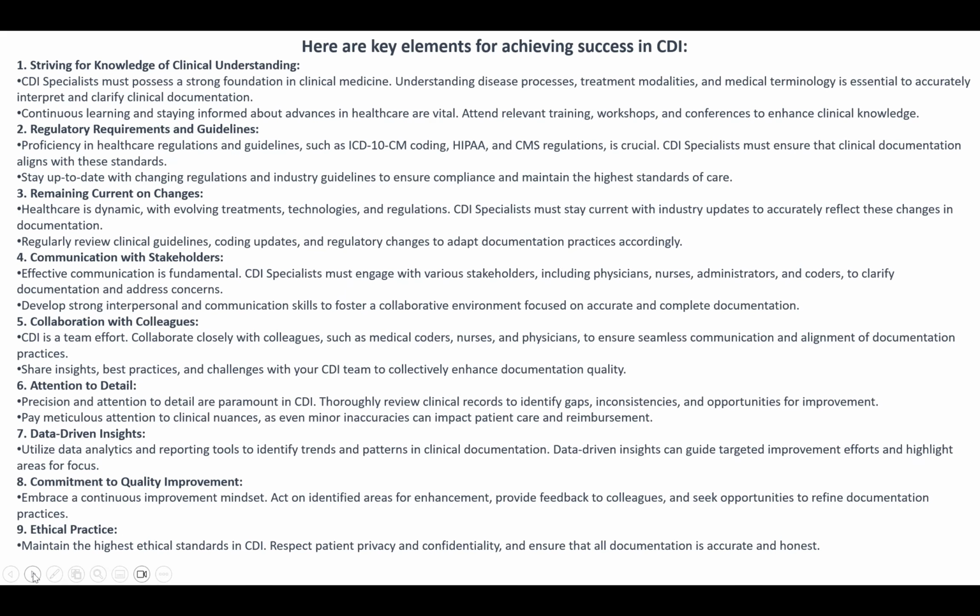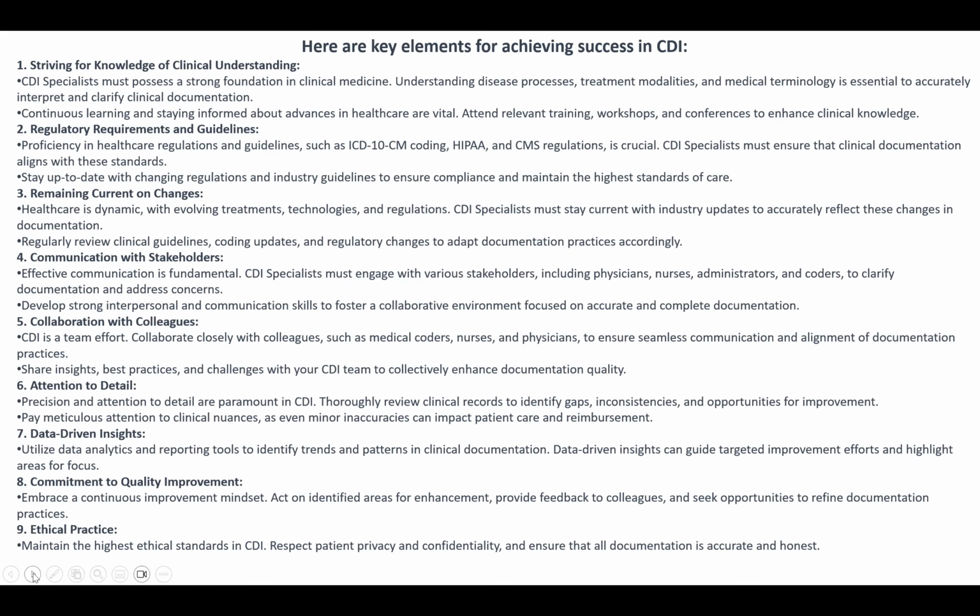Communication with stakeholders, absolutely. If you are not interested in communicating, or not effective in communicating, it's going to be a long road. CDI specialists must engage with various stakeholders, okay? Physicians, nurses, administrators, coders, to achieve this thing called CDI.